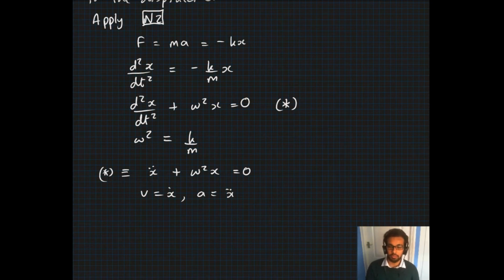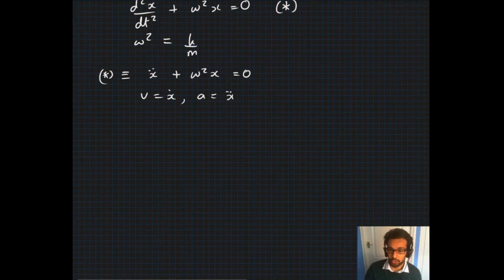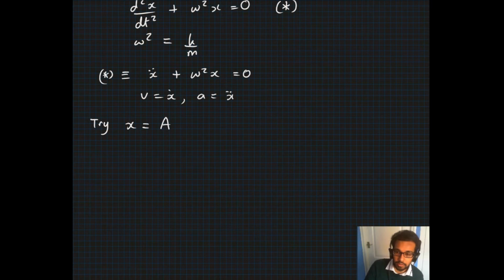So now we have an equation for the motion of a mass on a spring, and we want to try and solve it. So let's try a trial solution x equals a, some constant a, times cosine of lambda t, where a and lambda are both undetermined constants for now.